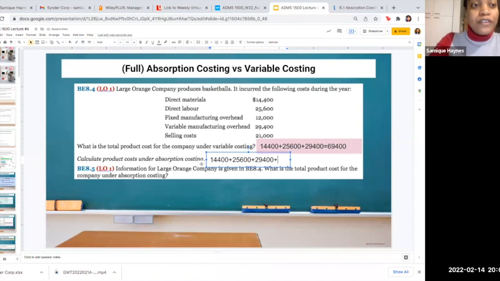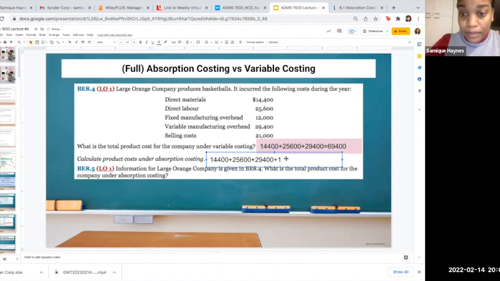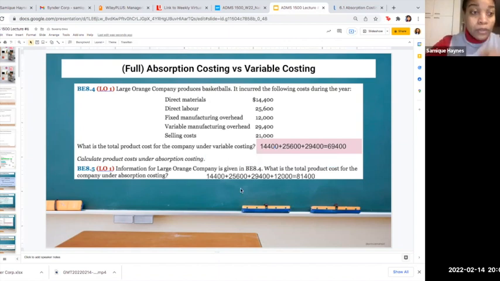And remember, the different thing is the fixed manufacturing overhead. So we add the fixed manufacturing overhead of 12,000, and the answer is $81,400. Good.